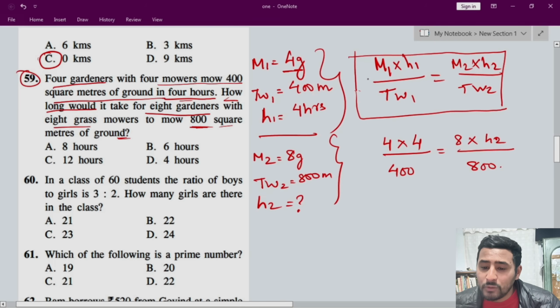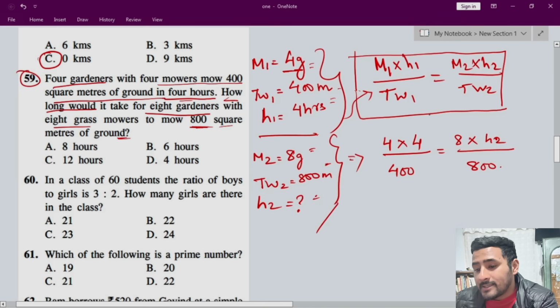Okay, so don't be confused. I'm just putting these values in this formula, and we are getting this one. So let us do the cancellation. 4 ones are 4, 4 ones are 4, 4 zeros are 0, 4 zeros are 0, then again 4 ones are 4, 4 twos are 8, 4 fives are 25.